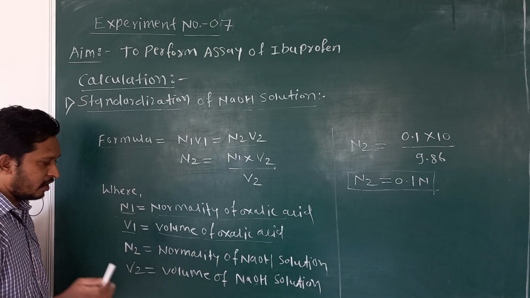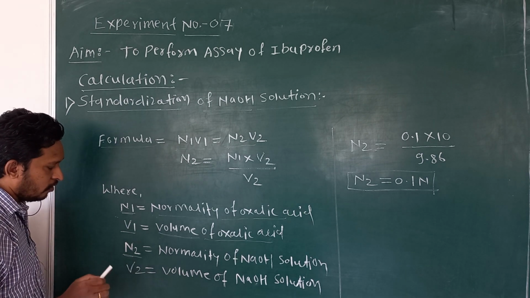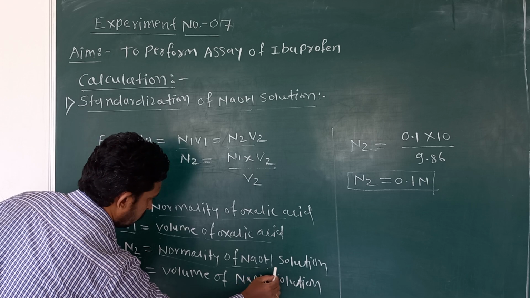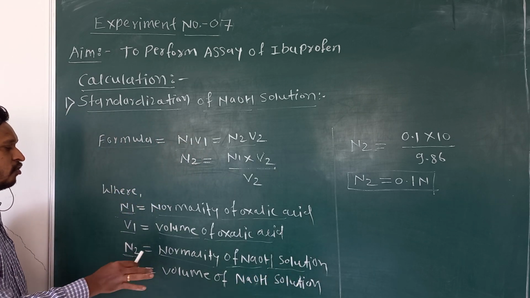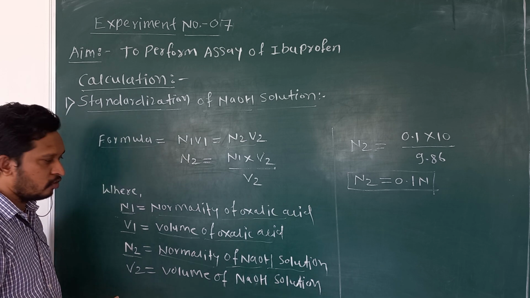Now N2 is the normality of the NaOH solution to be found out. We have to find out the normality of the NaOH, so it is N2.